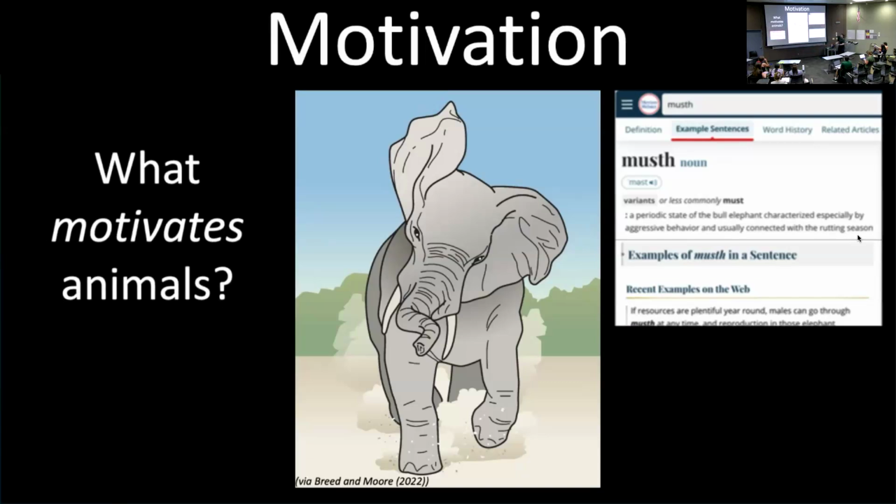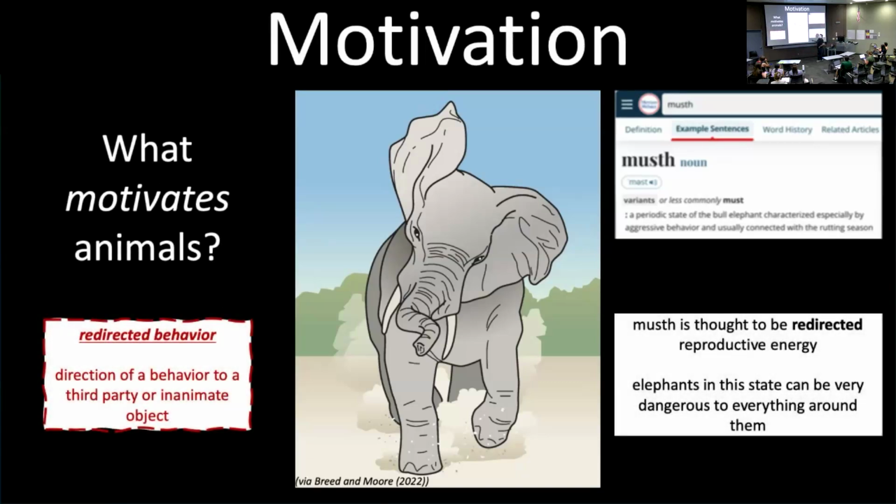And so this idea of musth is now what people call a redirected behavior. This term is a direction of a behavior toward a third party or inanimate object. So the idea is that the elephant would be reproducing, but when it's not reproducing, it's for some reason redirecting this sort of, and we're going to get into where this comes from, behavioral drive toward another behavior, possibly an irrelevant behavior.